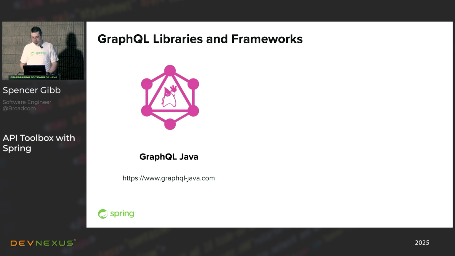In the Java space, GraphQL Java has been around for a while. GraphQL in general is typically thought of as coming from Facebook in the teens. GraphQL Java is the most popular project to access GraphQL in the Java space.